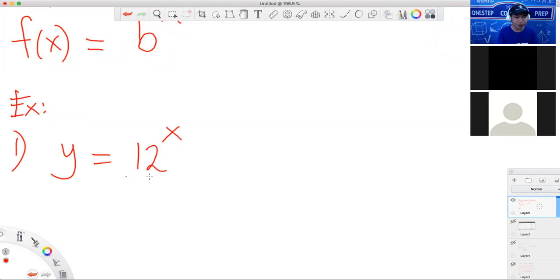This is an example of an exponential equation or exponential function. Your y is an f of x, and your base is 12, and the exponent is x. As you can see, we have the x variable located in the exponent part. Okay, the exponent is the superscript.